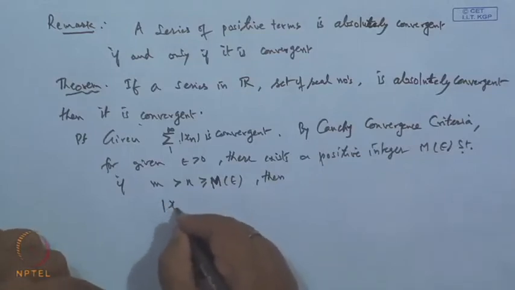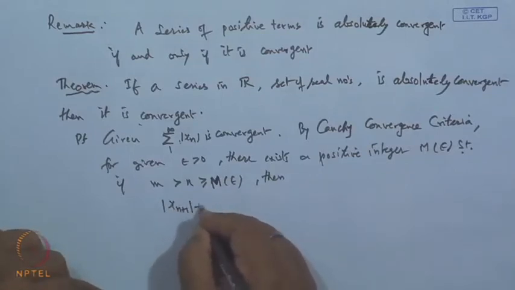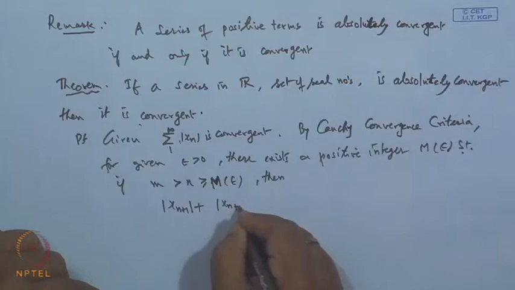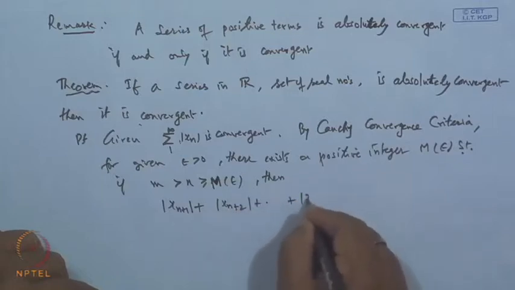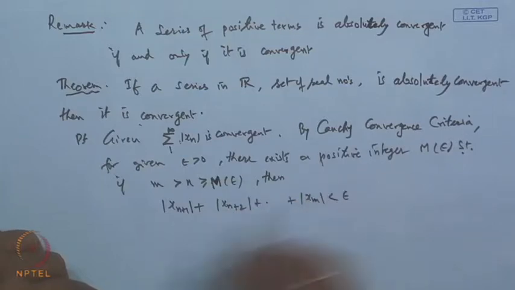Then mod xn plus 1 plus mod xn plus 2 up to mod xm is less than epsilon.